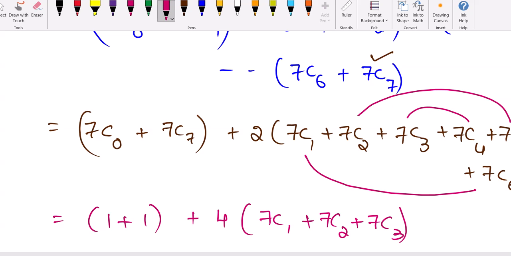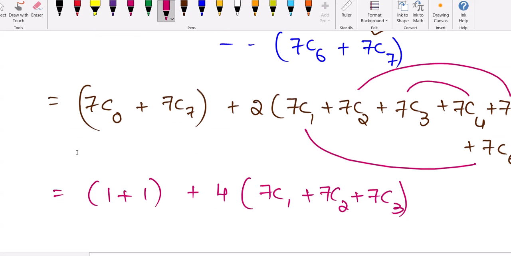This is also discussed in combinations. 7C1 and 7C6: selecting one person out of 7 or rejecting 6 people out of 7, both are the same. That's why 7C1 and 7C6 are the same, 7C2 and 7C5 are the same. That's why 2 times of those will come. Already 2 is there, now one more 2, so 4.